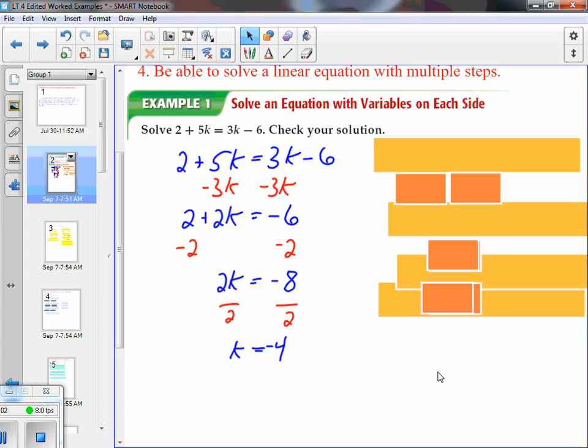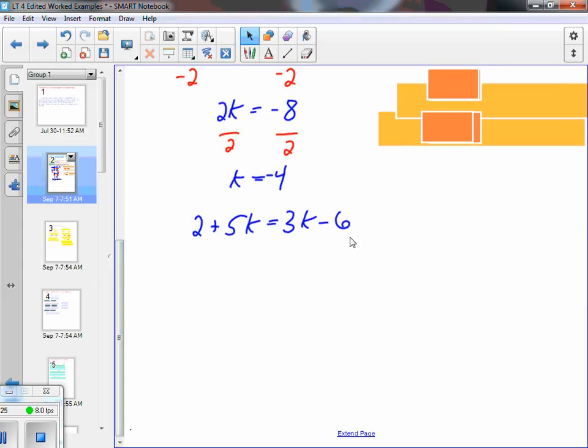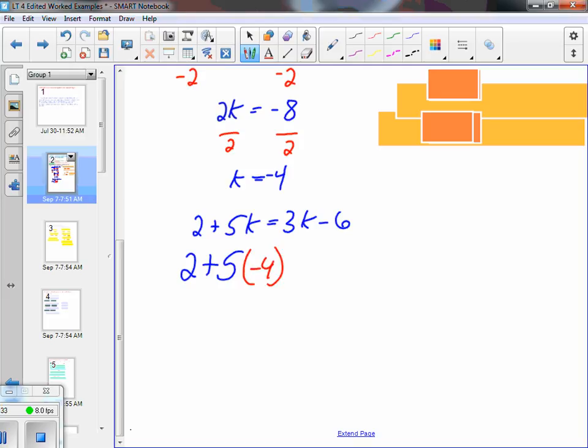And at this point, let me remind you of something that we tend to lose sight of when we work a bunch of equations. What have we discovered? What we've discovered is that if I take the original equation, and I replace k with negative 4, I will get a true statement.